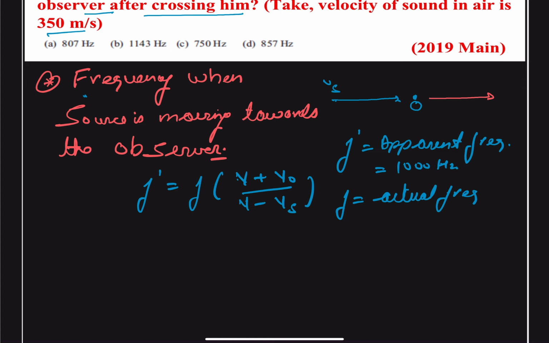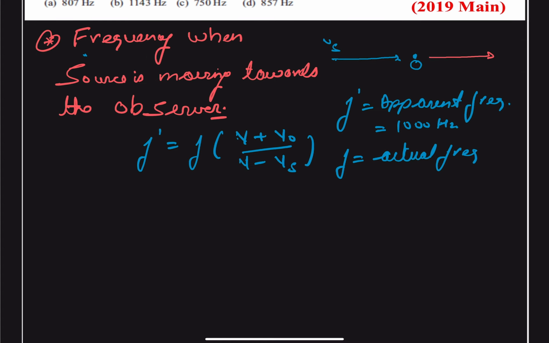And v is the velocity of sound in air, which is given as 350 meter per second.